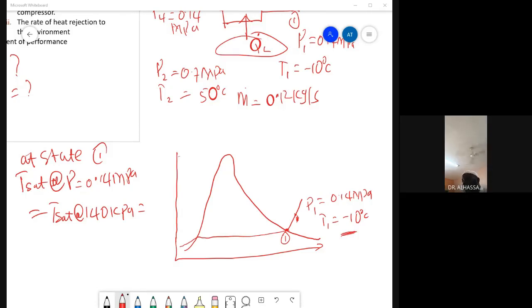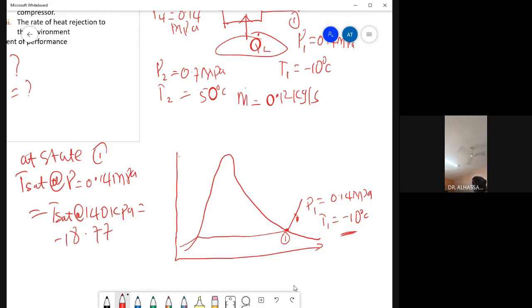So I got T saturation to be about minus 18.77.